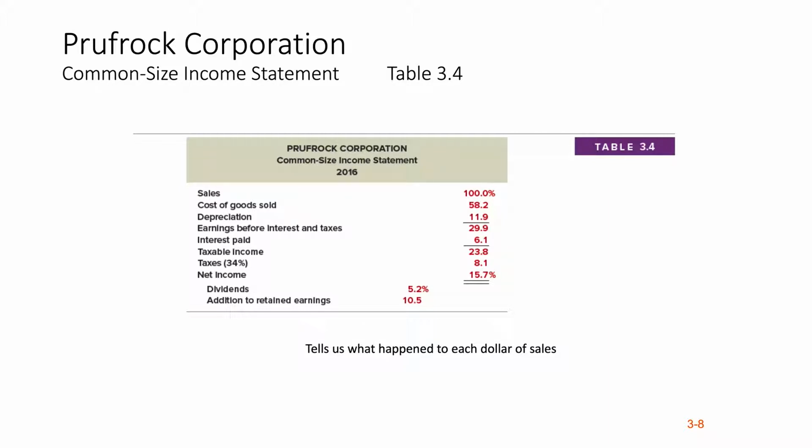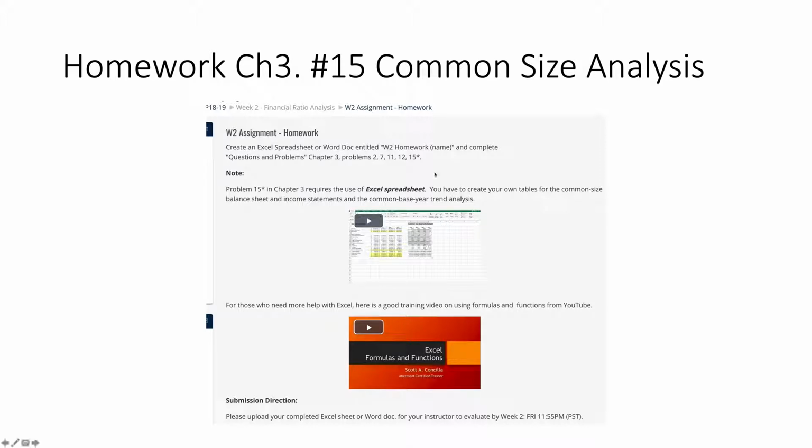In homework assignment 15, among all the 5 homework, I ask you to use a spreadsheet to do the common size analysis. I posted a YouTube video showing you how common size analysis can be easily done with a spreadsheet.